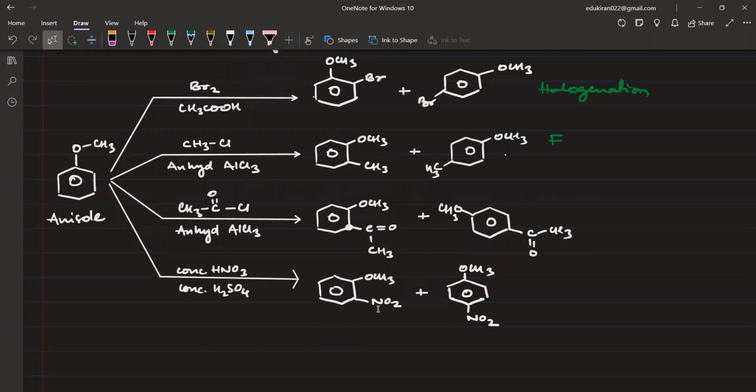This was Friedel-Crafts alkylation. We have added alkyl group. This was Friedel-Crafts acylation, and this was nitration.